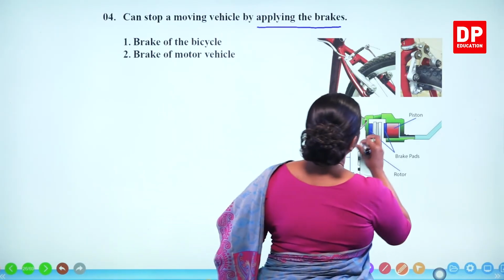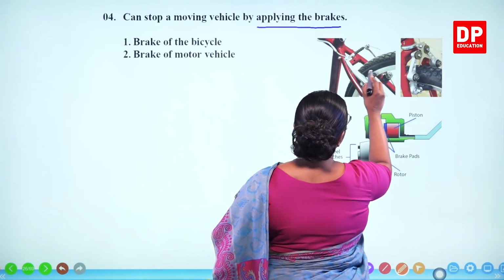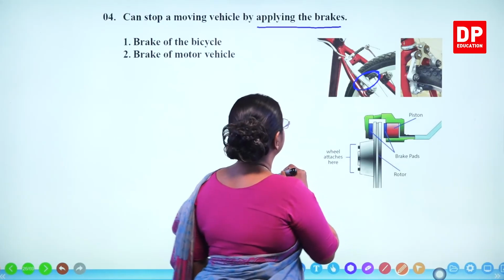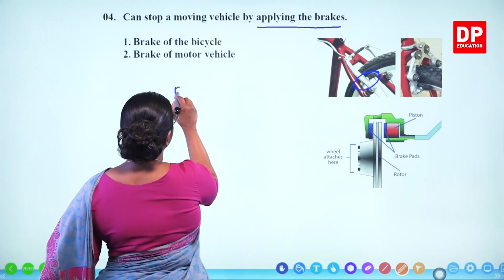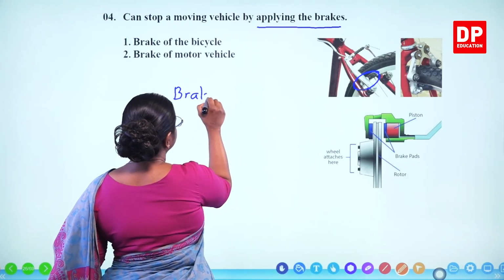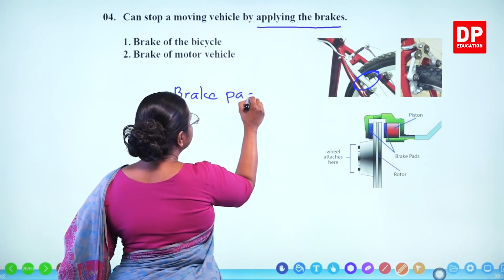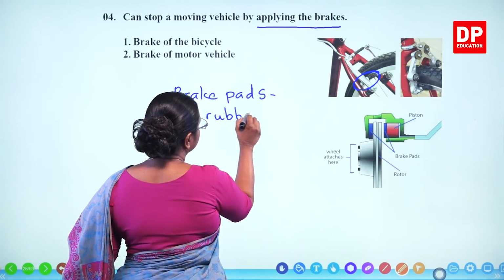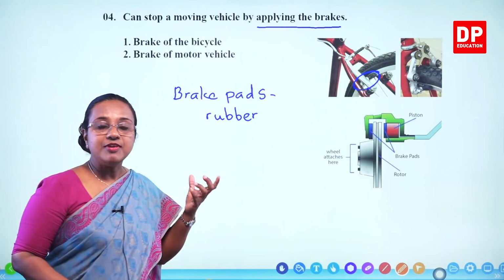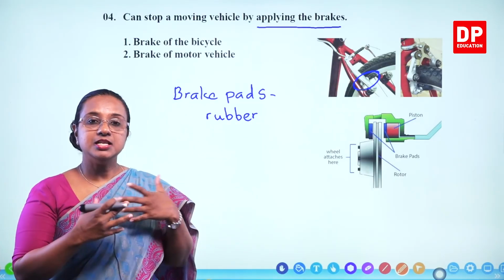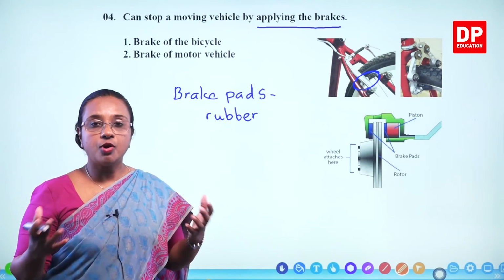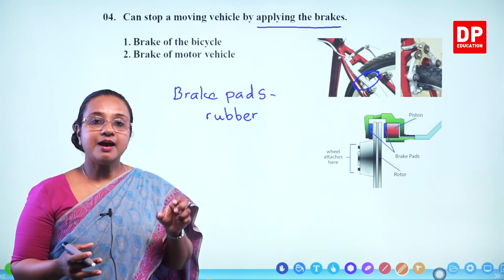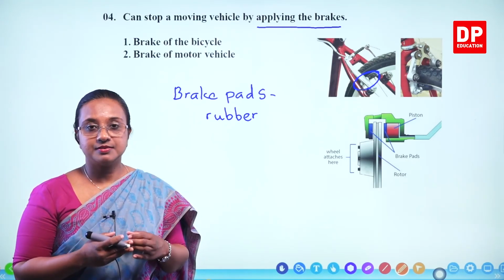Here you can see in this picture, these are what we call brake pads. And these brake pads are made up of rubber. And when these brake pads are new and not worn off, they have a very rough surface.